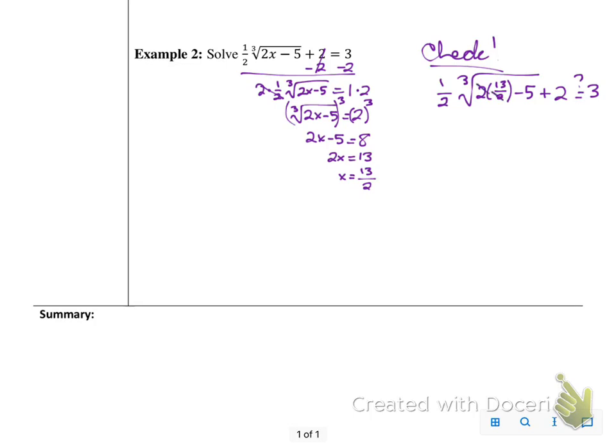Well, these 2's cancel. 13 minus 5 is 8, so we're actually asking if 1/2 times the cube root of 8 plus 2 equals 3. Well, the cube root of 8 is indeed 2. 2 and 1/2 cancel out to make 1, plus 2 does equal 3. Okay, we did something well and correct. Our answer is 13 over 2. Be prepared to use this in class and have a wonderful day.